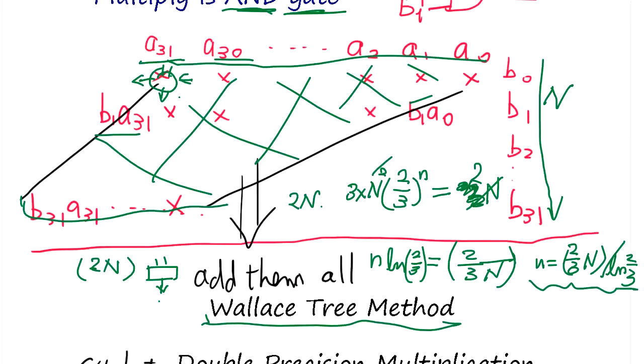This number of stages is going to determine the propagation delay from the data in the register all the way to the result coming out.